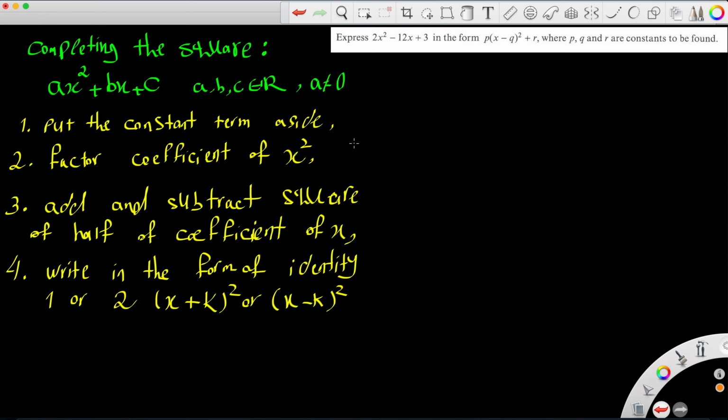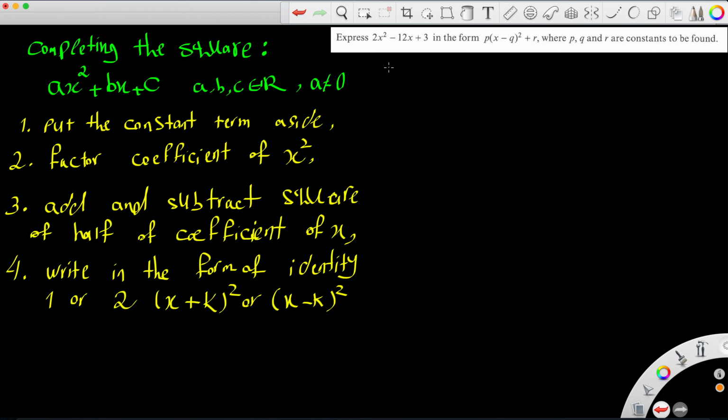There are two methods. First, I use the method I just mentioned. Then I use the other method, which is frequently used in A-level papers to rewrite in completed d-squared form.